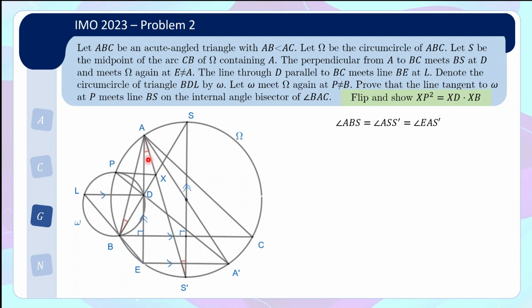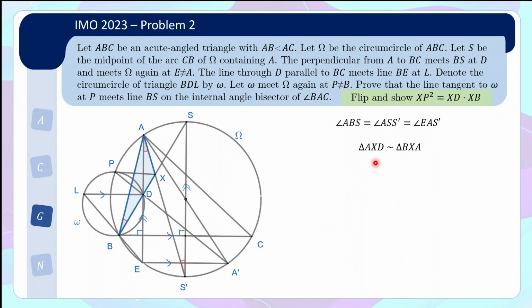So these two equal angles and the common point X give us a pair of similar triangles. Indeed, we have AXD is similar to BXA. So once again, the right angles are equal and X is the common pivot point. So the two triangles in blue are similar.